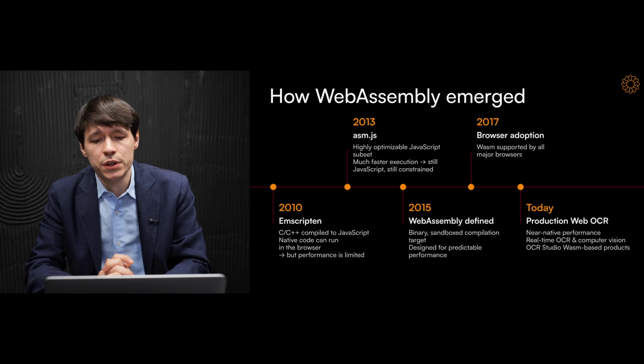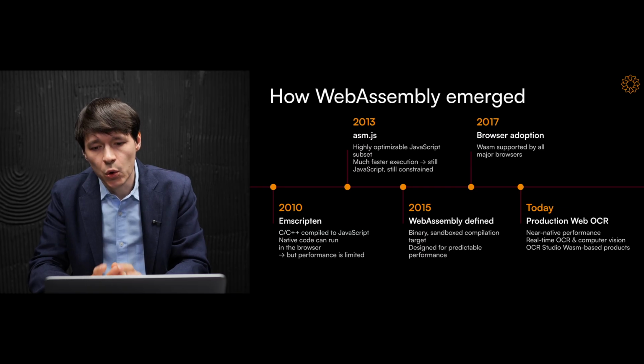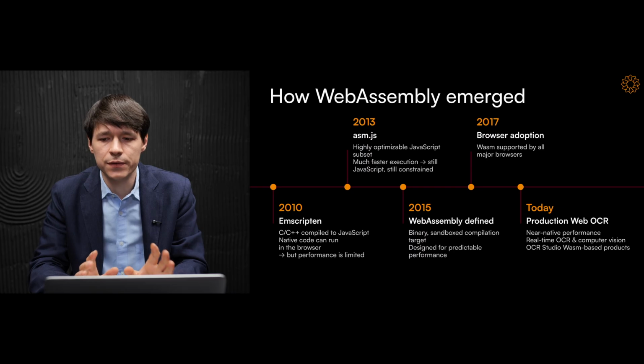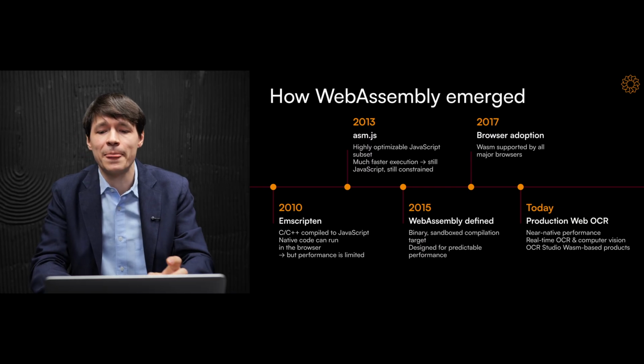Let us talk about historical context. For many years, JavaScript was the only language browsers could execute. It's great for UI, great for application logic, not ideal for heavy mathematical operations.